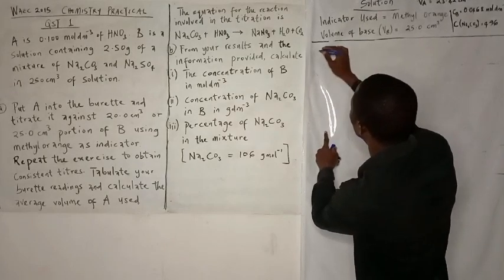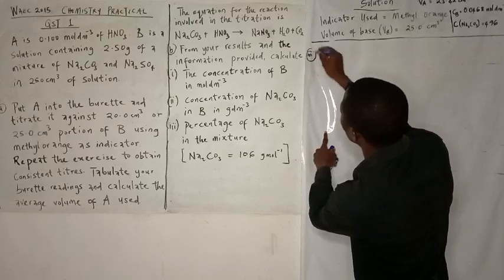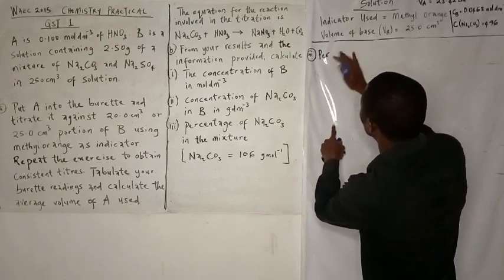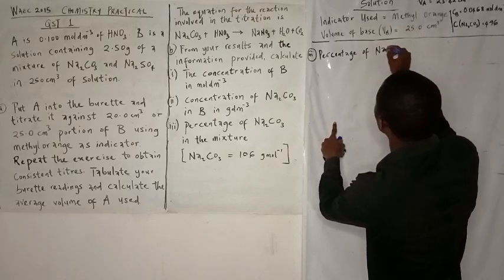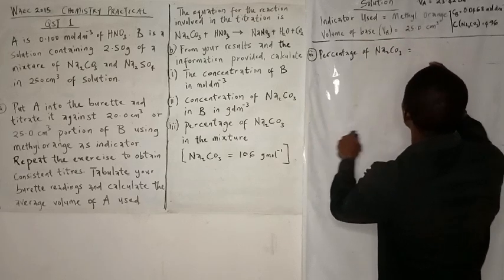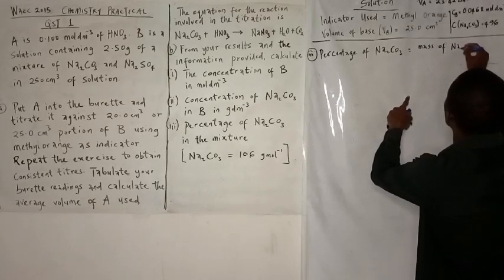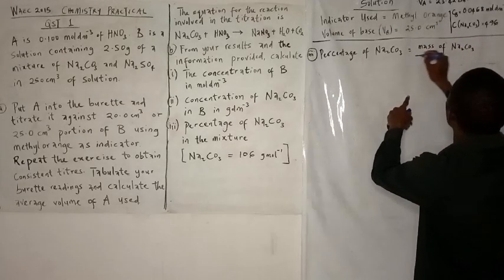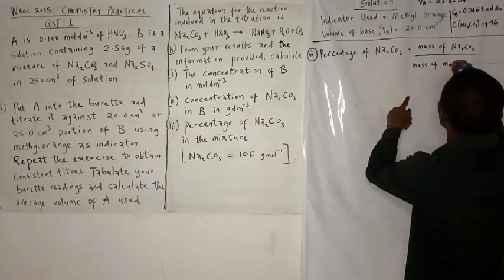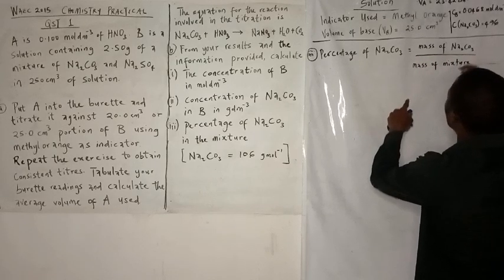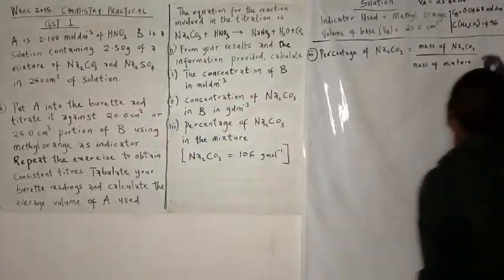So we know that the percentage of this will be equal to the mass of Na2CO3 all over the mass of the mixture, because B is a mixture containing this and this, times 100%.